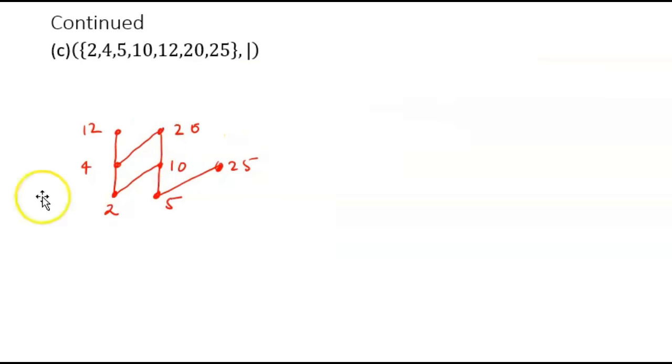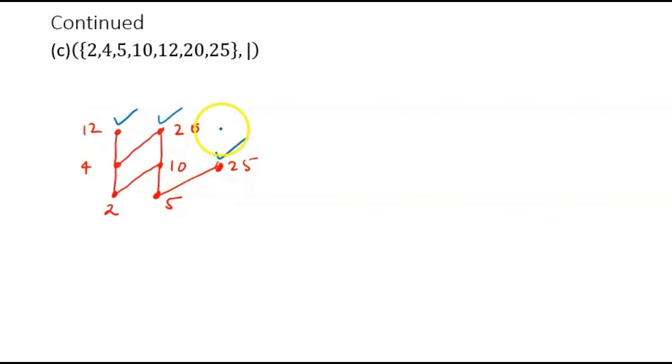If I take this example, this is important to understand. The maximal elements are 12 and 20. Is there any other? I am taking a pause. You answer. Yes, 25 is also a maximal element because 25 is not less than any other element. So there are 3 maximal elements. Don't look at where they are coming.